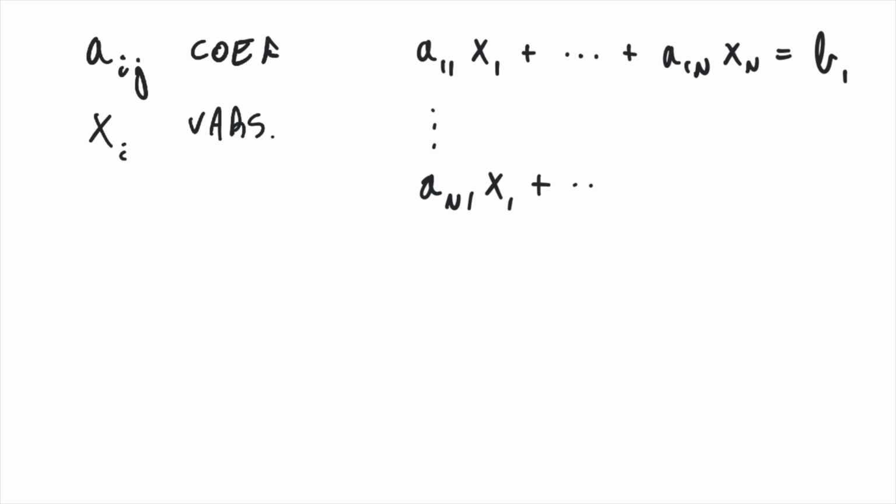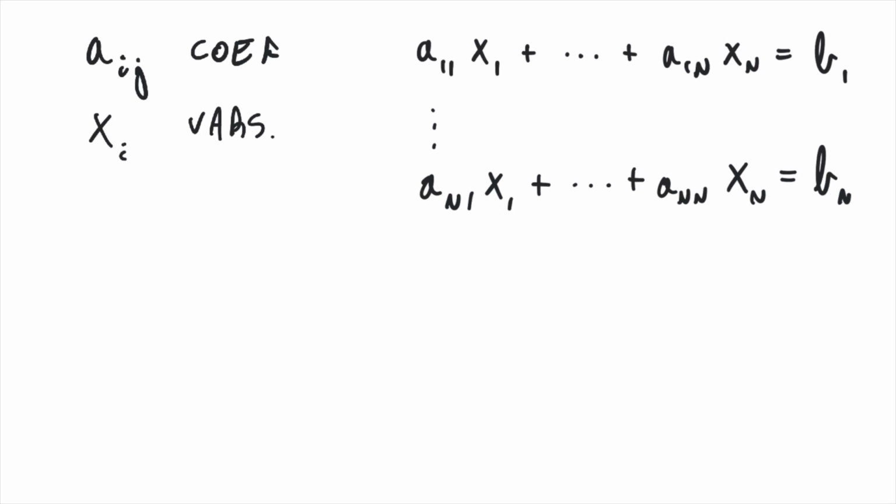So if we have n variables, we need n equations to solve them, and these are the n equations with the n independent terms.